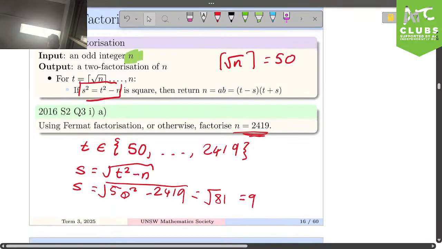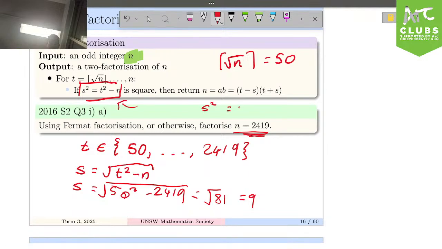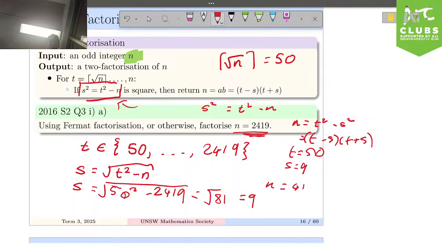Since s is an integer, we can take our fundamental equation, s squared is equal to t squared minus n. We can take the n over to the other side and the s, so we have n is equal to t squared minus s squared, which is equal to t minus s, t plus s. We know that t is equal to 50, and we know that s is equal to 9. So we know that n is equal to 41 times 59. Make sense?